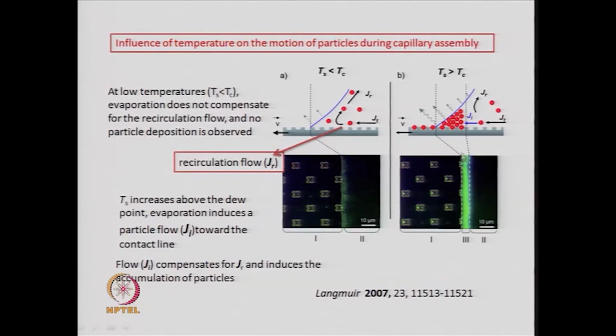That happens when the substrate temperature is much larger than a particular critical temperature, and this large substrate temperature leads to a high evaporation rate. When the evaporation rate is high, J_I, which is the rate at which the particles flow towards the interface, is much higher than J_R, the recirculation rate. So, the incoming rate J_I compensates for J_R, and hence induces the accumulation of the particles.